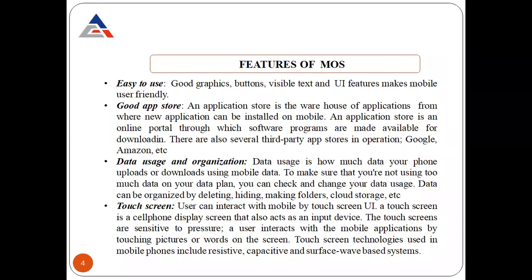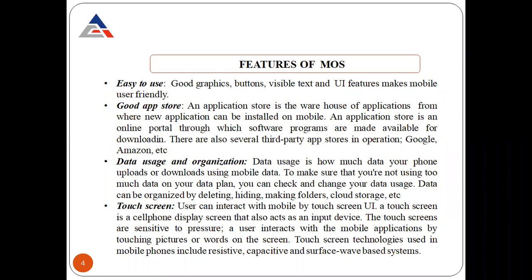An application store is an online portal through which software programs are made available for downloading. There are several third-party application stores, such as Google, Amazon, etc., through which you can download applications that are not available in your application store. So the third party will allow you to download the application in your mobile phone. This is the application store.